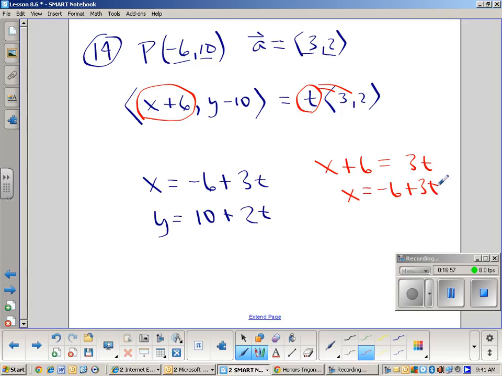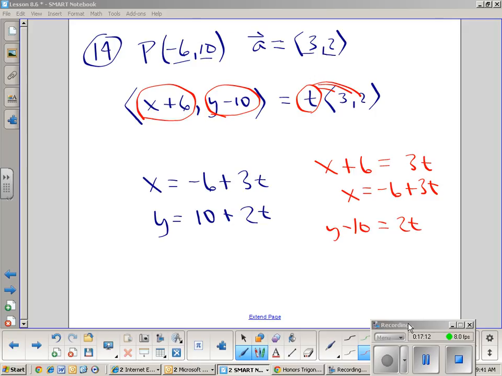Same thing we had here. If I look at it this way, y minus 10 equals 2t. And if I add 10 to both sides, y is equal to 10 plus 2t. The same ones we get using the rule they gave us earlier. Okay?